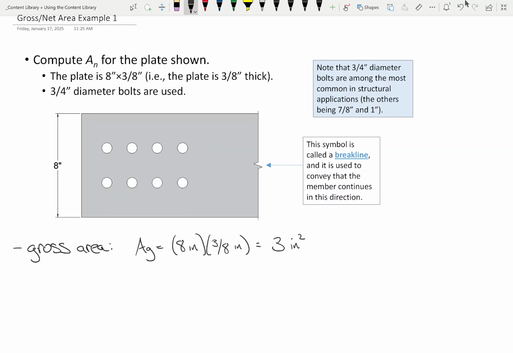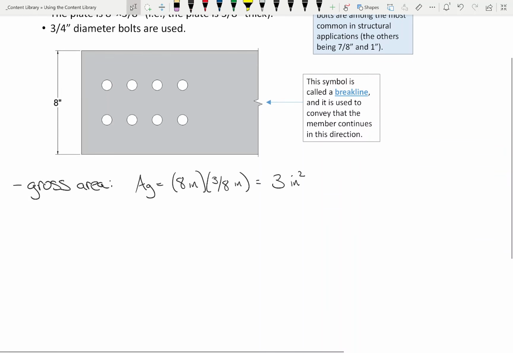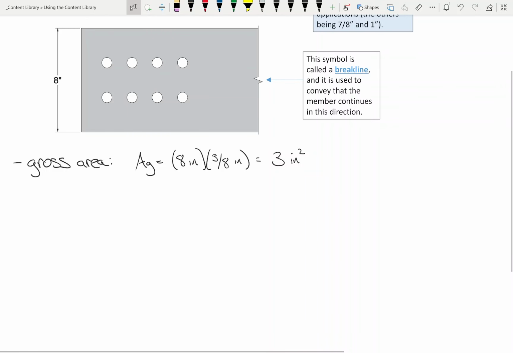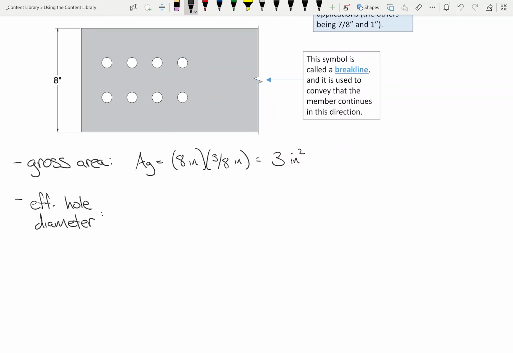Now the next thing I'm going to do, and I'll walk you through this one a little bit, is let's look at the effective hole diameter. In this problem, I told you that the bolt diameter is 3/4 of an inch.